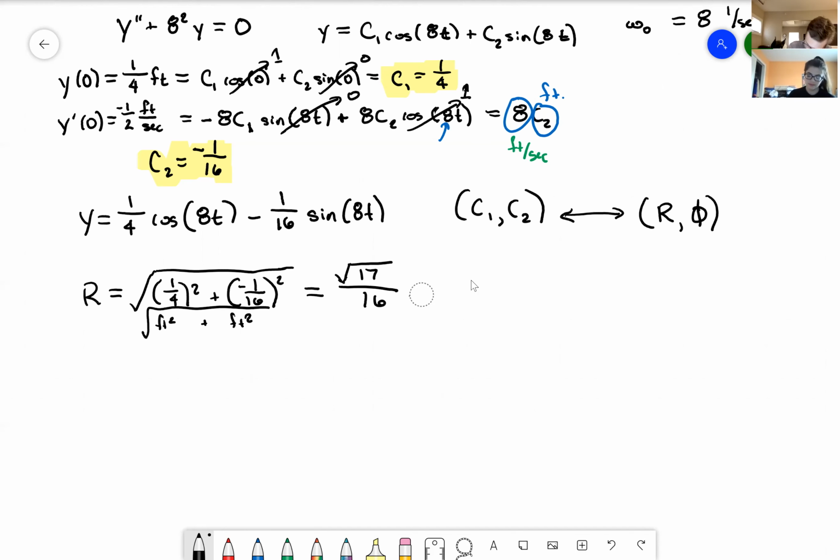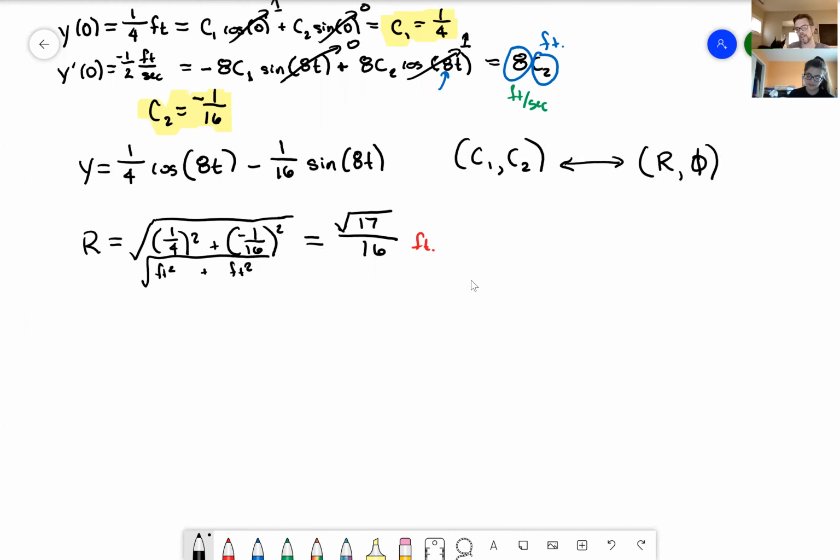Maybe I should write this in a different color because we don't write these things out in the formulas. But if we go through the analysis of the units, everything works out. So remember, this gets multiplied in the front, and we think of this as our amplitude. And the amplitude really is a measurement of distance from the equilibrium position.